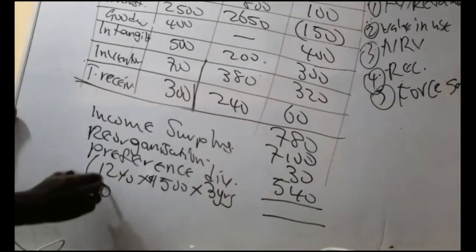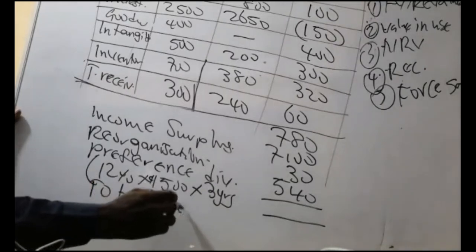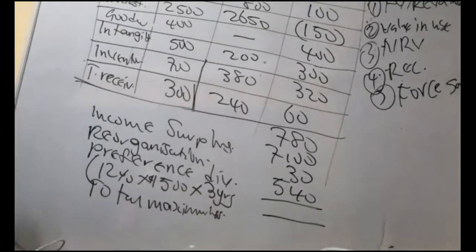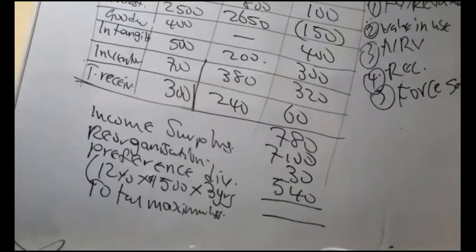So right here, total maximum loss. 540, good. I'll take that. Overall total maximum loss.